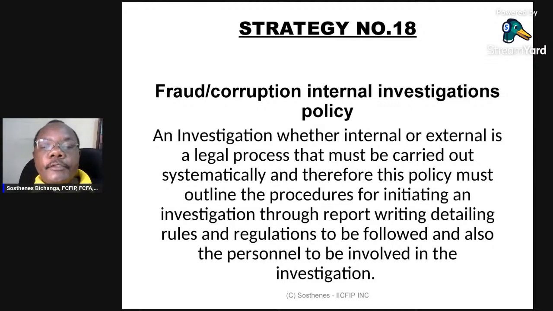Provisions of the policy. The following should be the main provisions of the investigations policy. Number 1, Investigation Procedure Manual. Clause number 1 should be about the internal investigations manual.